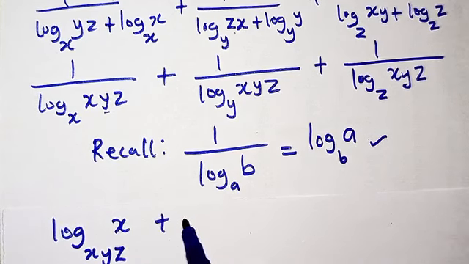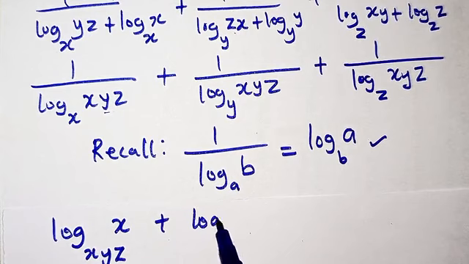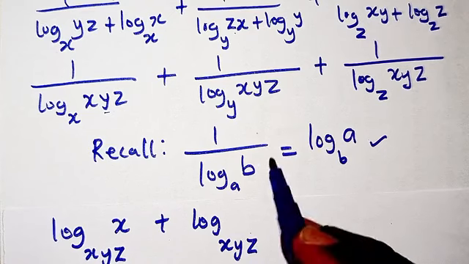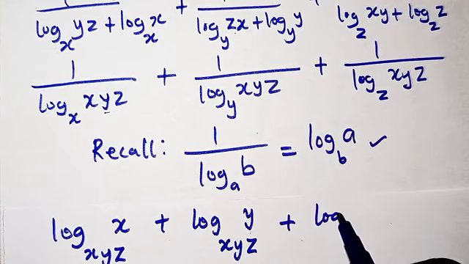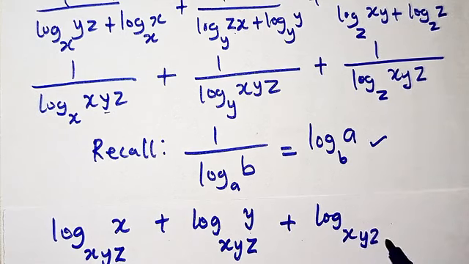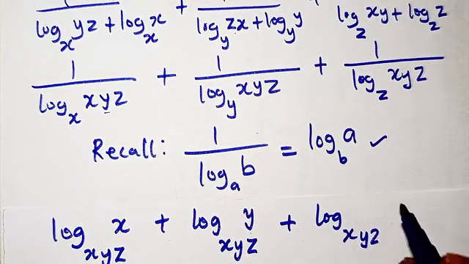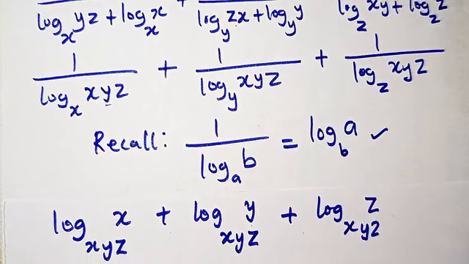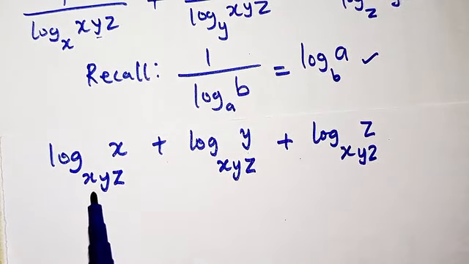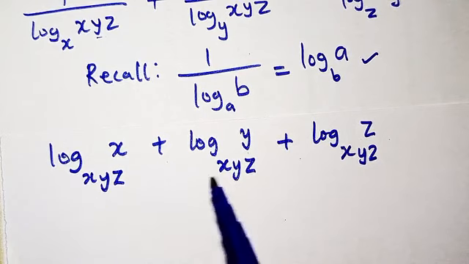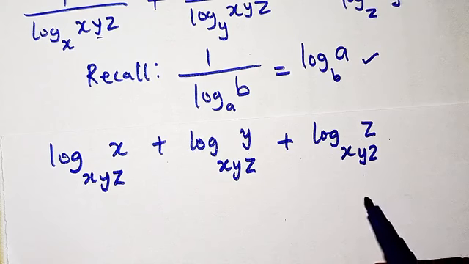Same thing here, plus log with xyz as base and y as argument, then plus log with xyz as base and z as argument. Are you getting it now? So good, this is getting interesting. Now from here you can see we have log base xyz as the base.